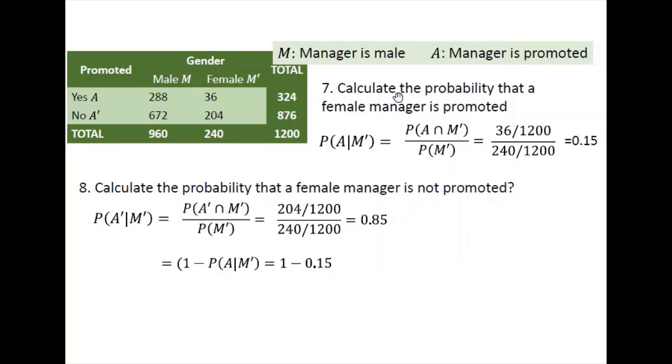Number 7. Calculate the probability that a female manager is promoted. So it's again a conditional probability, but you cannot see the keywords given that. But if you read it again, you can see we have an information.